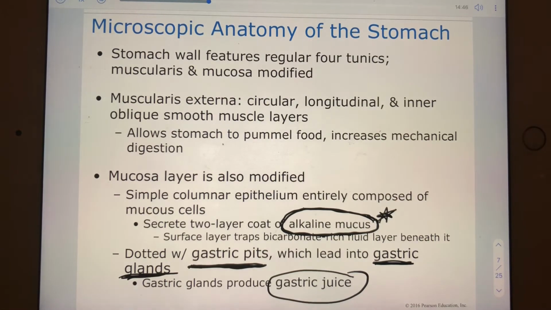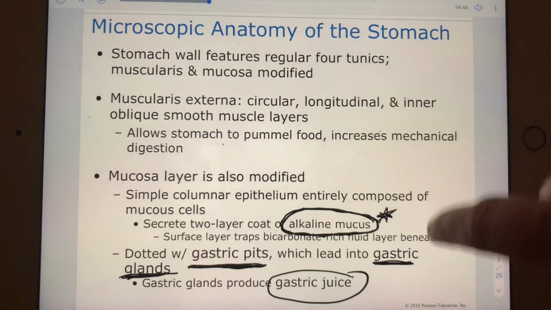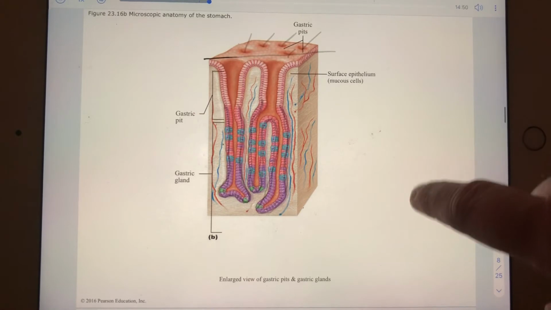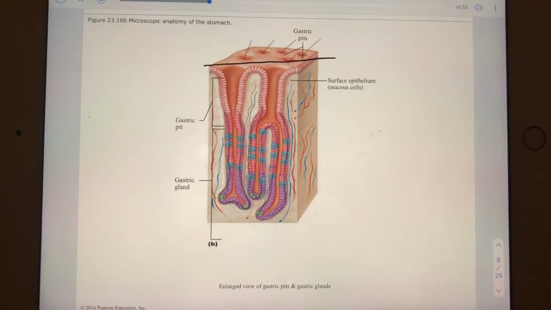So here on slide 9, we're seeing the mucosa flush with the stomach wall, and that, of course, is making that alkaline mucus, but it's interrupted by these little pores that are called gastric pits. Wow, I just made it look kind of like skin. Almost looks like there are hairs growing out.